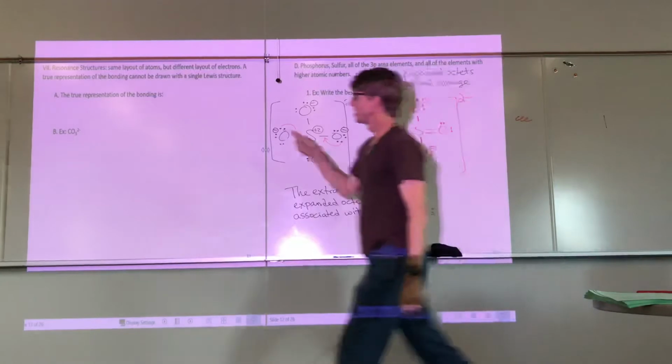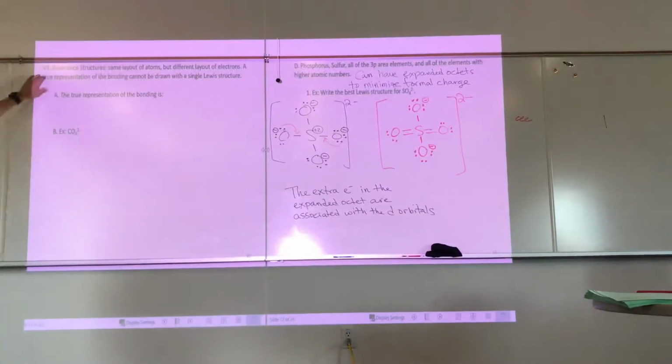Okay, so next topic, resonance structures. These are structures that have the same layout of atoms but different layout of electrons. A true representation of the bonding cannot be drawn with a single Lewis structure. I said that Lewis structures worked approximately 95% of the time in determining the bonding in molecules. Resonance structures is a case where it doesn't totally work, but we come up with a scheme to understand it.